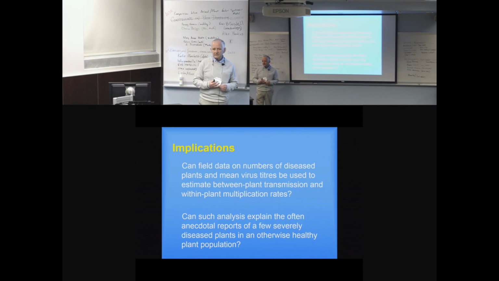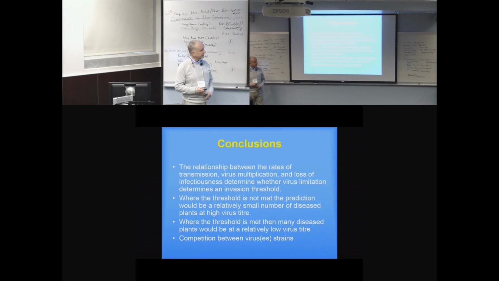Vectors are present and active, and yet you get these isolated single plants or a few plants by themselves with no further expansion. So from this work, we were able to develop whether it's actually virus limitation which might determine an invasion threshold.